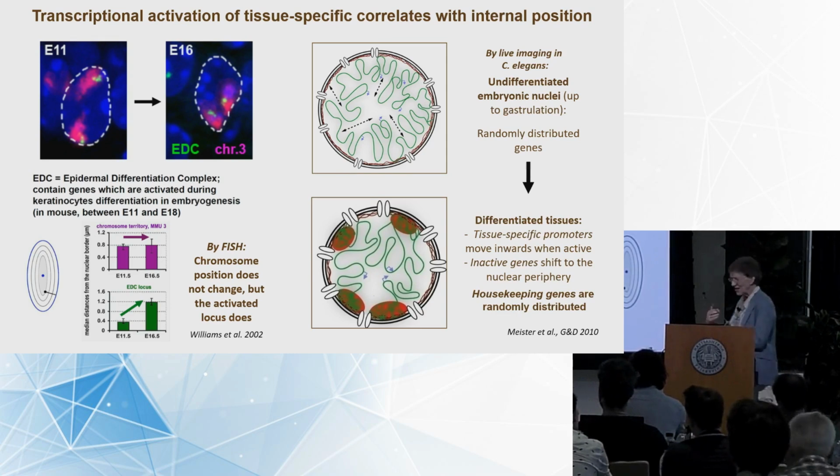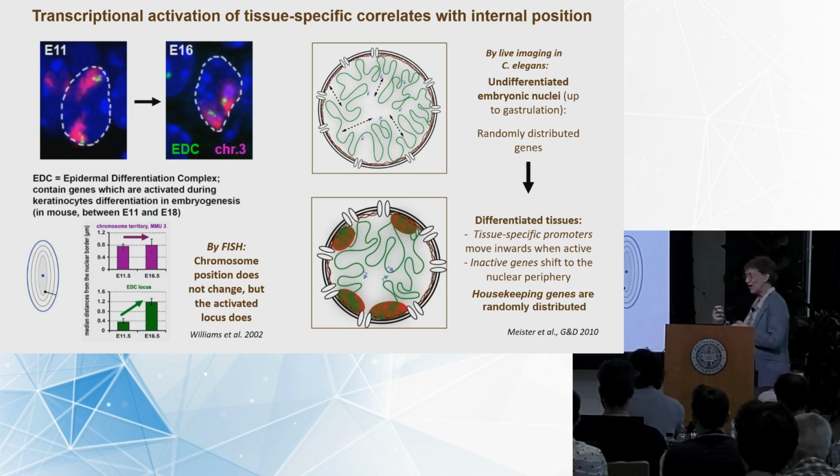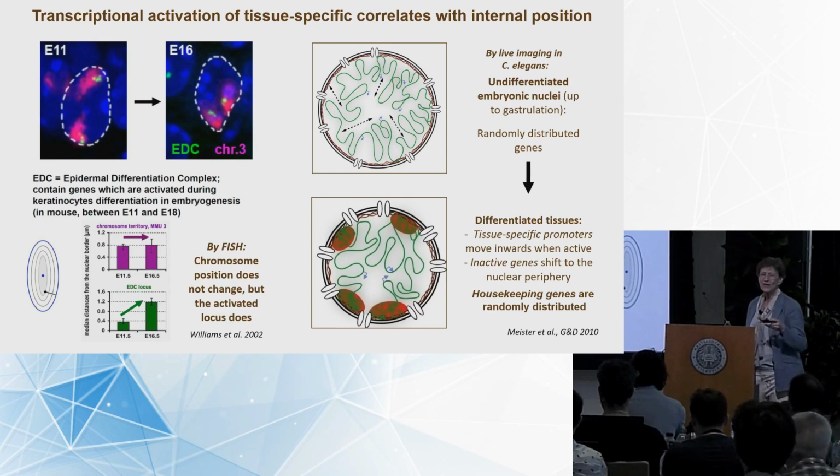Whereas tissue-specific genes seem to have a promoter that would recognize that it should be either on or off, if off, it would be at the periphery, and on, it would be internal. Housekeeping genes could be on anywhere. So the take-home is that, yes, there's a differentiation-specific localization, but it's very much dependent on what kind of promoter.